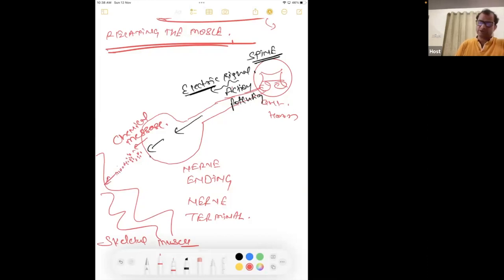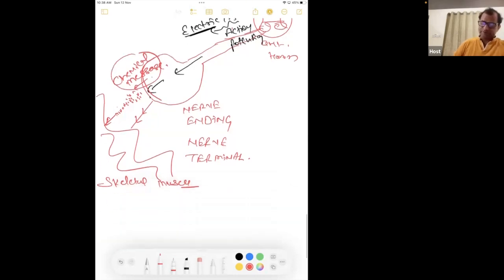Suppose we have perfume and we are spraying it. Then lots of particles will spread around, and then we can feel the smell. That is a chemical signal, right? In the same way, because the nerve has ended here, there is no direct connectivity with the muscle. There is a gap. So in this gap, the message can transfer only in the form of chemical signal, right?